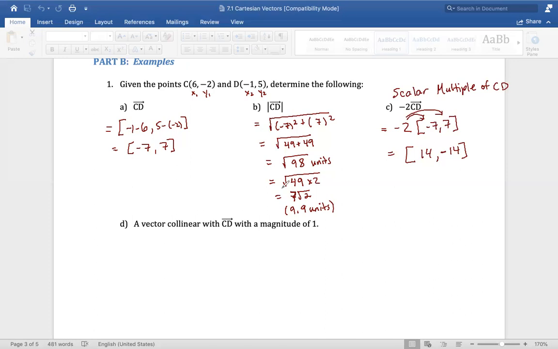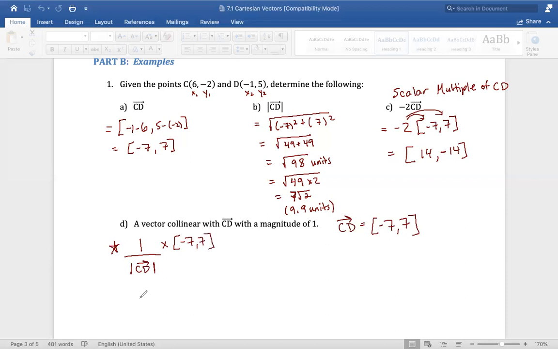So the magnitude needs to be 1, but I know that vector CD has the components of -7 and 7 from up here, right? So the formula for figuring out a vector that's collinear and has a unit of 1 would be 1 over the length of vector CD multiplied by its components, -7 and 7.